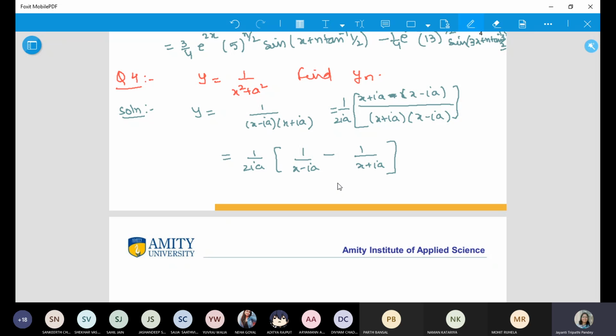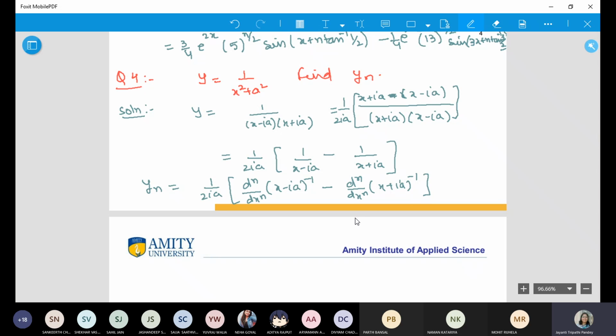Now if we have to find yn, we know how to deal with it. So if you have to find yn, this is 1 upon 2ia, dn upon dxn of x minus ia to the power minus 1, minus dn upon dxn of x plus ia to the power minus 1. And you know the formula. What is the formula?